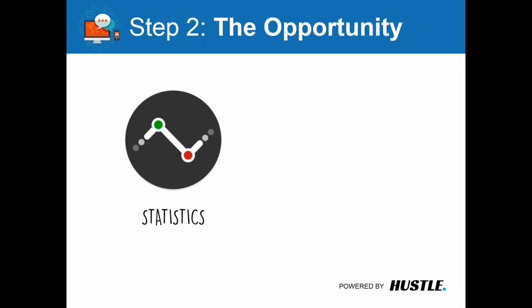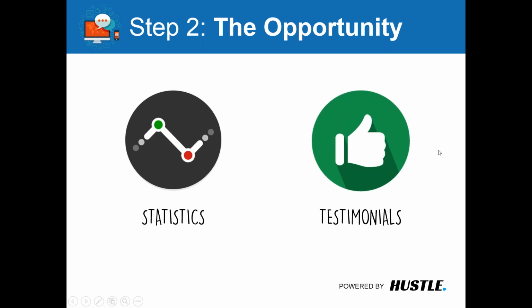In the case of my hypnotherapy friend, it could be that 68% of people have been able to quit smoking through self-hypnosis, and they're able to control it on an ongoing basis. The purpose of statistics and also testimonials is to educate people on the opportunity that they will potentially miss out on. That's very important.